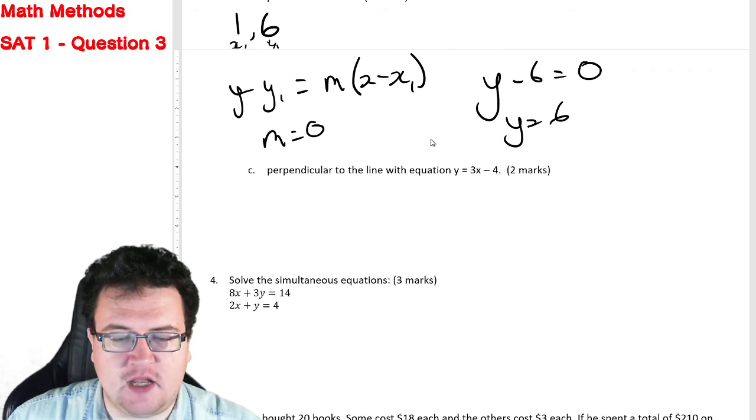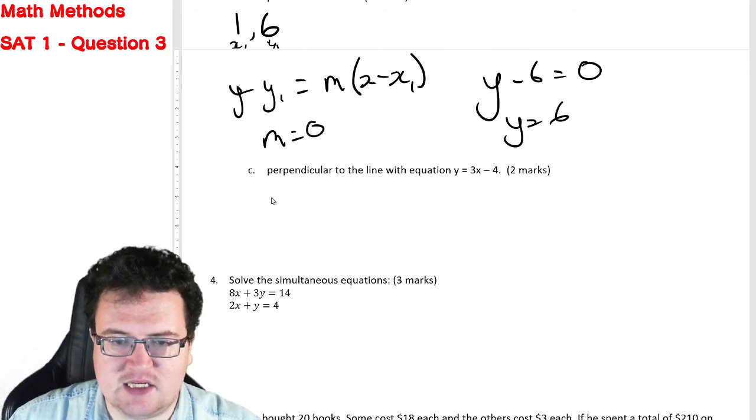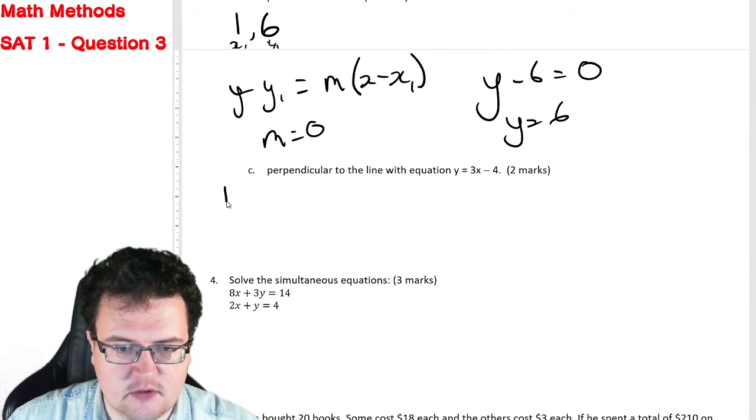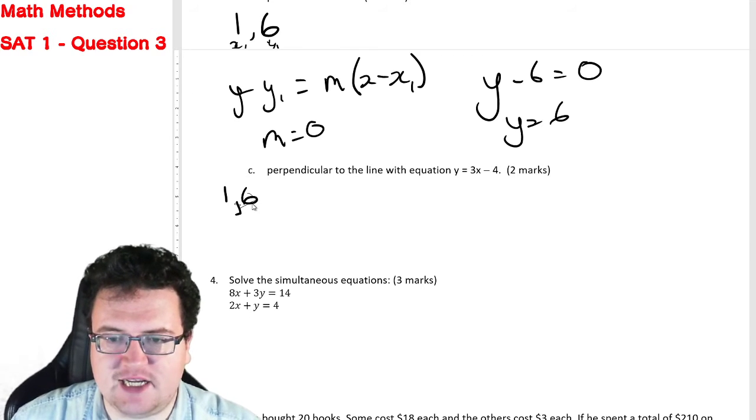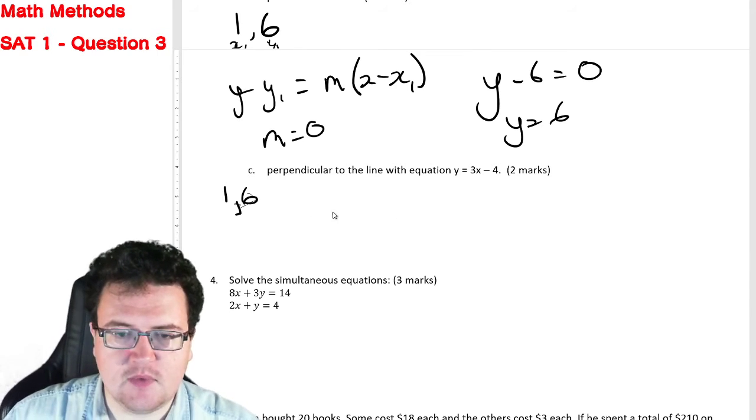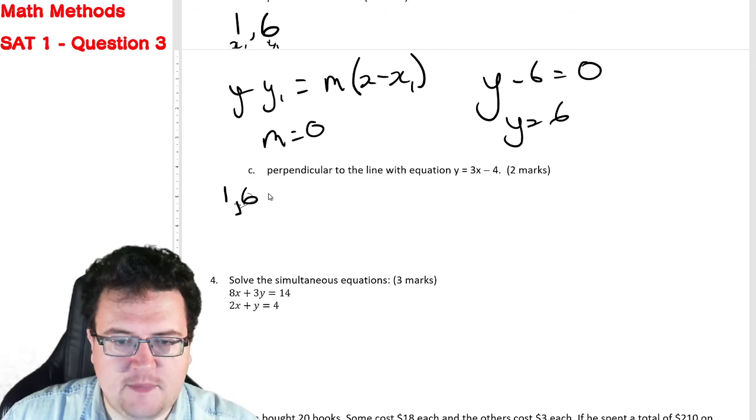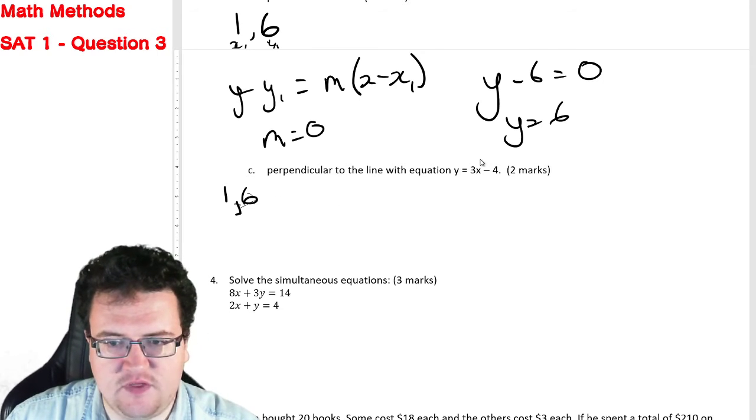Alright, and for the last part of question 3, part C, it is still passing through 1, 6. That is perpendicular to the line with equation y equals 3x minus 4. So, perpendicular means it intersects with the line at an angle of 90 degrees.